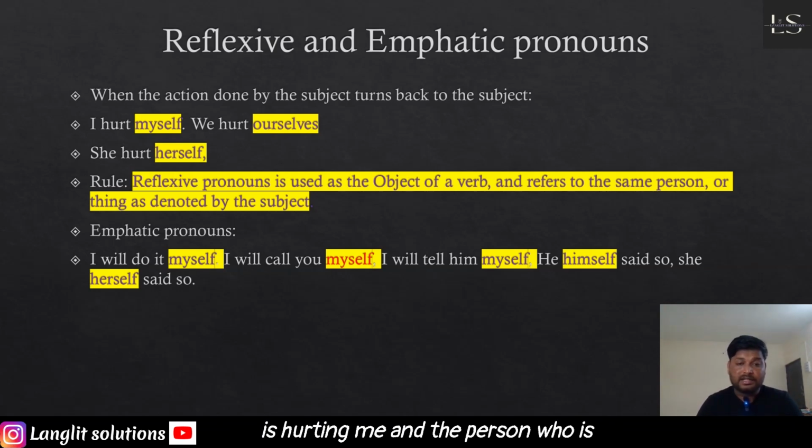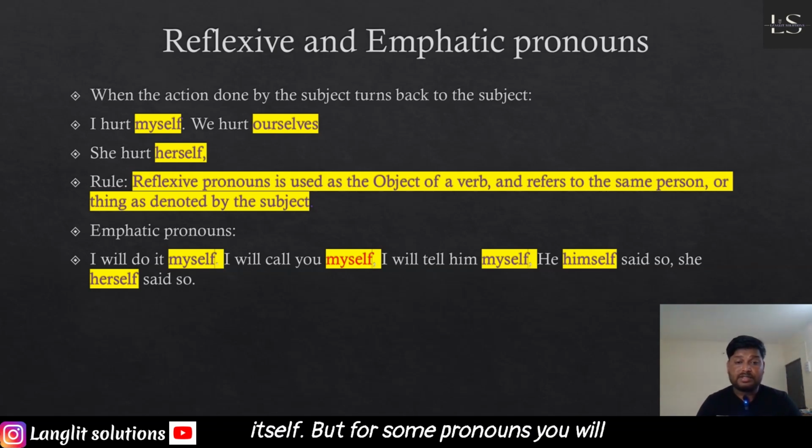So the person who is hurting and the person who is getting hurt are the same. So I am hurting myself, or we hurt ourselves, and she hurt herself. Here you need to understand, when it comes to reflexive and emphatic pronouns, that sometimes the pronoun may end with self. For example, myself, herself, itself.